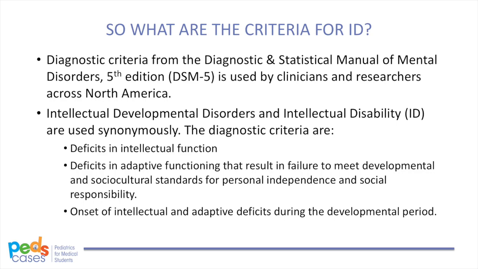There should also be deficits in adaptive functioning that require ongoing support, as they interfere with functioning in one or more activities of daily life, such as communication, social participation, and independent living across home, school, work, and other settings. Also, these deficits occur during the developmental period, generally considered childhood and adolescence.